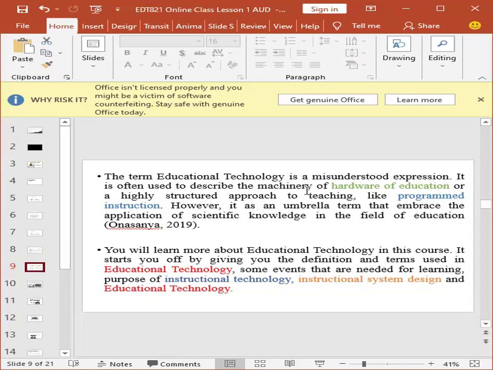However, educational technology is an umbrella term that embraces the application of scientific knowledge in the field of education. We'll learn more about educational technology in this course. So we'll start you off by giving you the definitions and terms using educational technology, some events that are needed for learning, and purpose of instructional technology, instructional system design, and also educational technology.